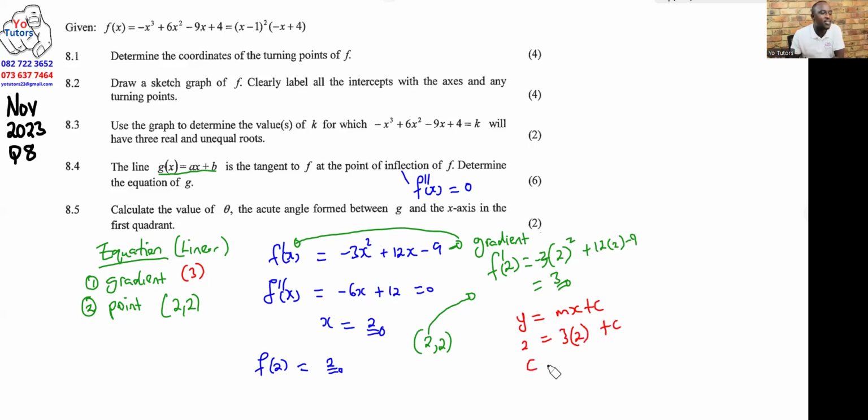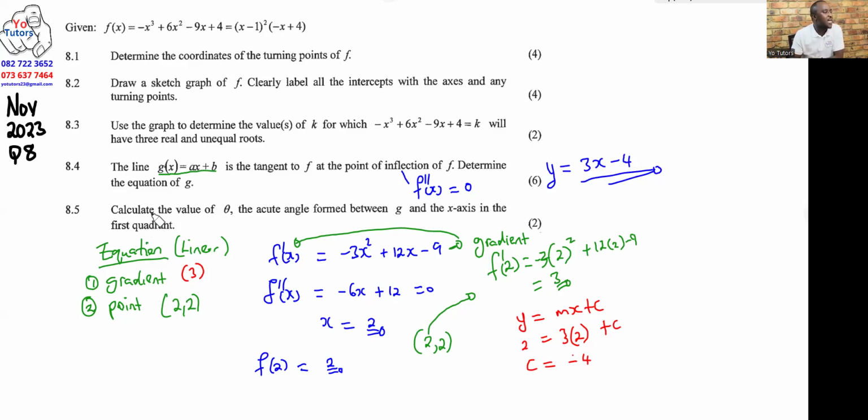Our c is going to be equal to 2 minus 6, which gives us negative 4. So we can now write our equation: y equals 3x minus 4. That becomes our equation.